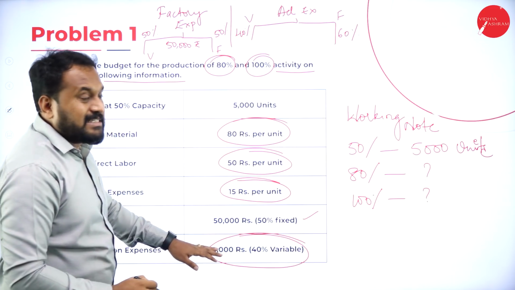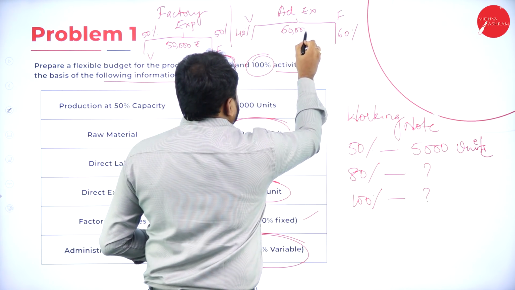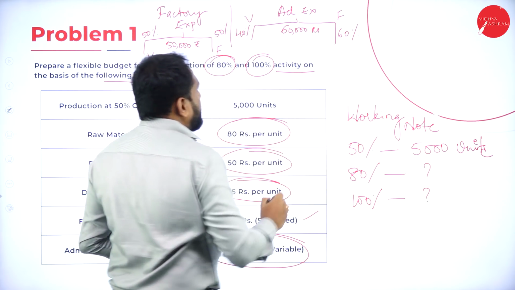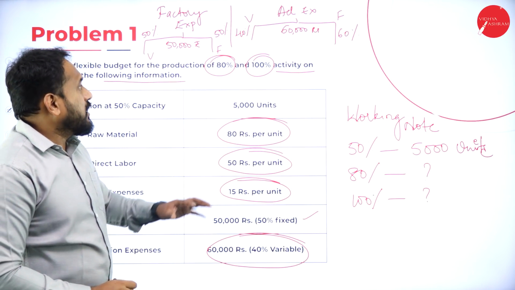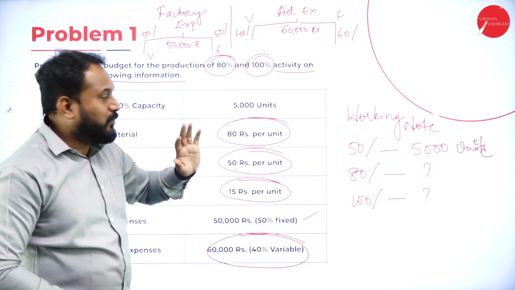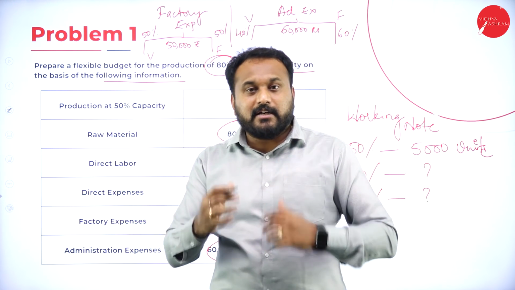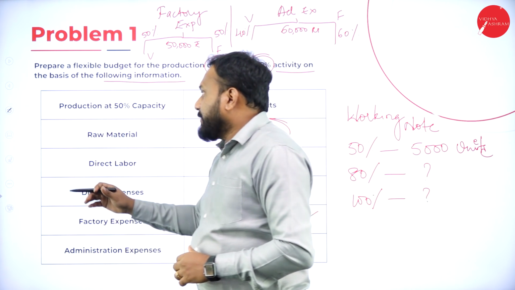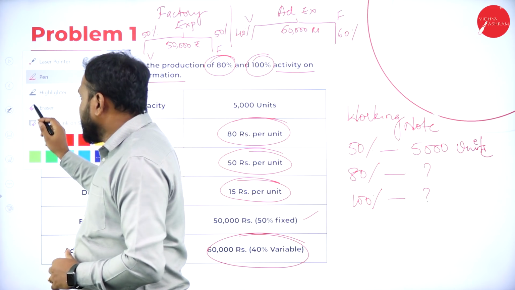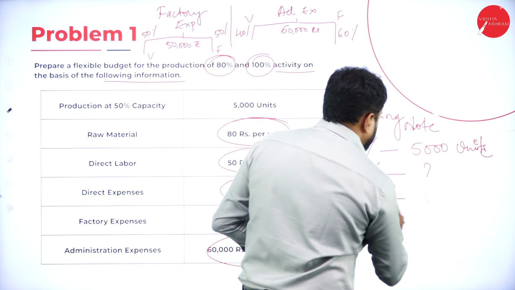How much is the amount? 60,000 rupees is the amount. So hope you got the working note now. Whenever you calculate for variable or fixed, you are supposed to switch over. Now let's go with the working note. Let's have all the things properly. So when we go with these things here, students, let me just tell you what exactly we are supposed to do.